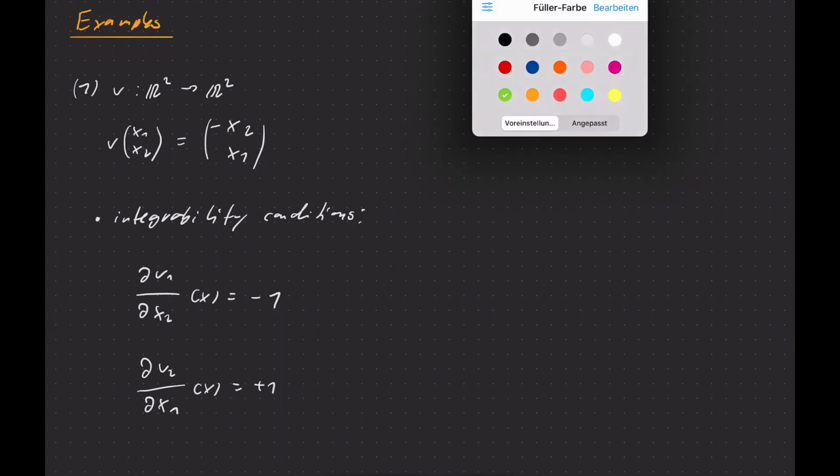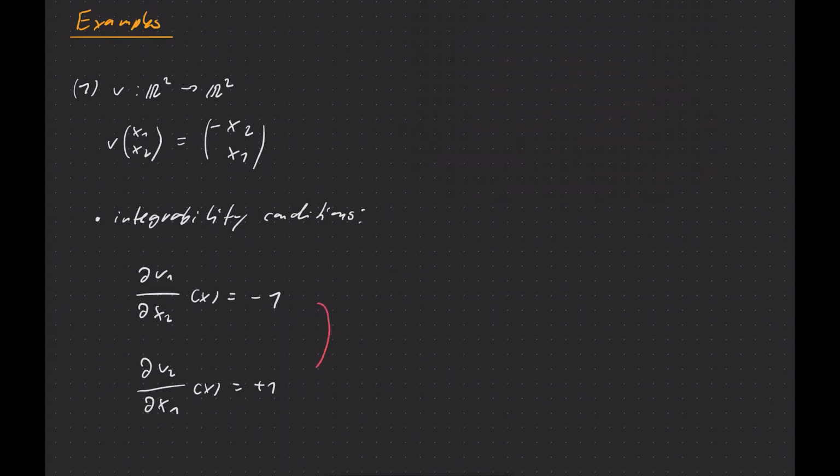So what you can see is these two do not agree, and that means the integrability conditions are not satisfied. So V is not a gradient field. And we don't even have to check whether the domain is simply connected or not.